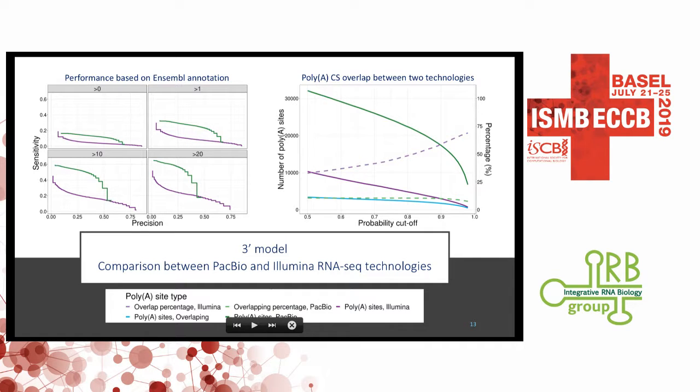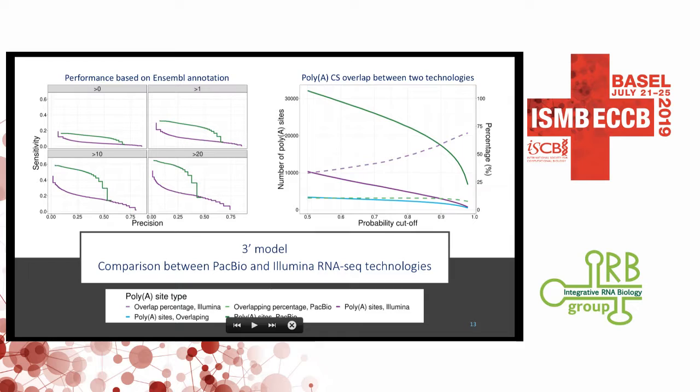Here we took the NA12878 sample from the Genome in a Bottle project because this sample has matching PacBio and Illumina libraries. We applied our model on these two libraries, and it turns out that our model works even better on PacBio reads.